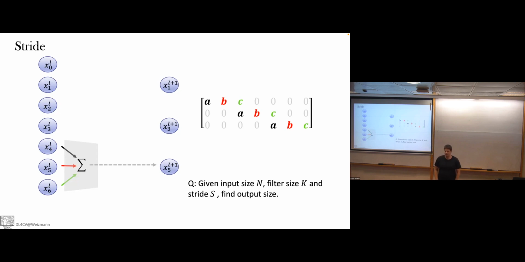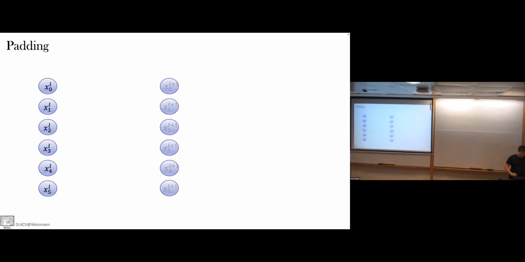N divided by k plus n mod k, something like that. Yeah, it's boring. So it turns out it's n minus k divided by s plus 1. Try it. And if you look at the PyTorch documentation, there are also other things called dilation and so on, and then this becomes a very big, boring formula.